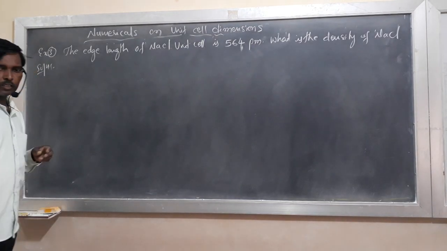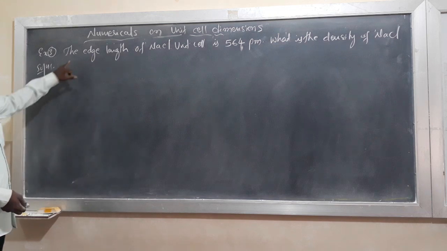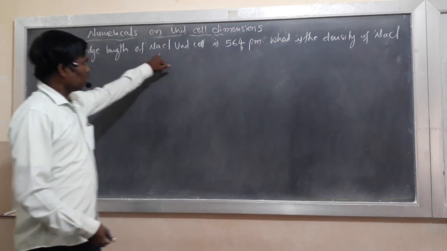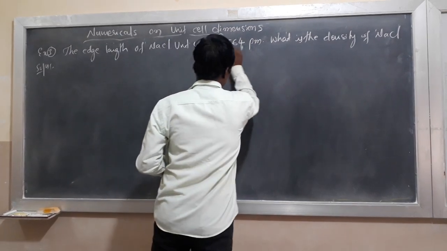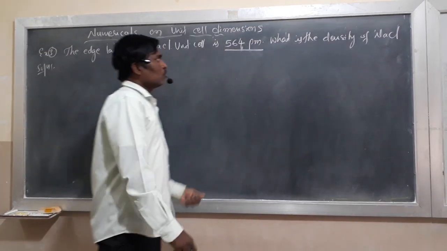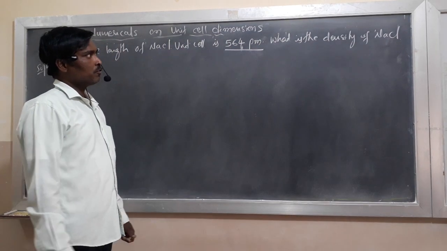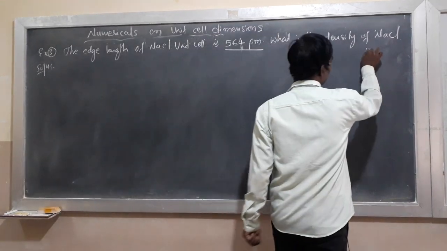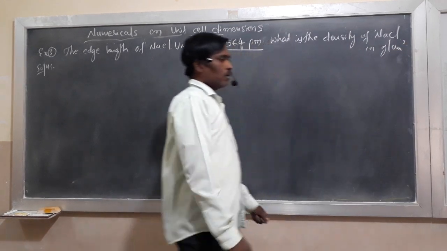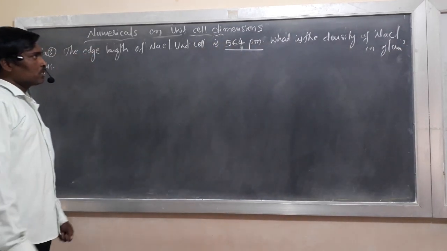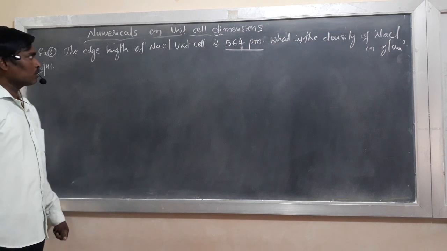Okay students, next example: the edge length of the NaCl unit cell is 564 picometers. What is the density of NaCl in gram per cubic centimeter? So the answer should be expressed in gram per cubic centimeter.